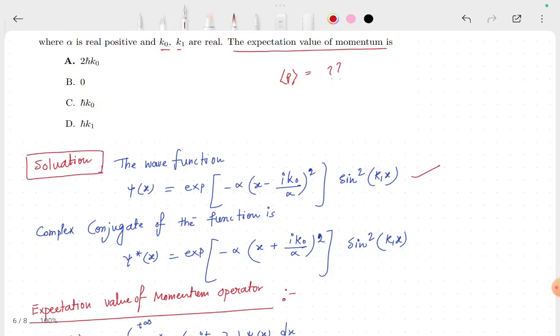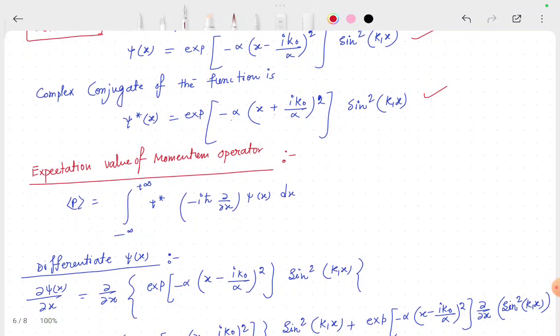Next we take the complex conjugate of this wave function. Mentioning it here: exponential minus alpha x plus i k naught upon alpha whole square sine square k1x, because the complex conjugate of i is plus i. Next, the expectation value of momentum.